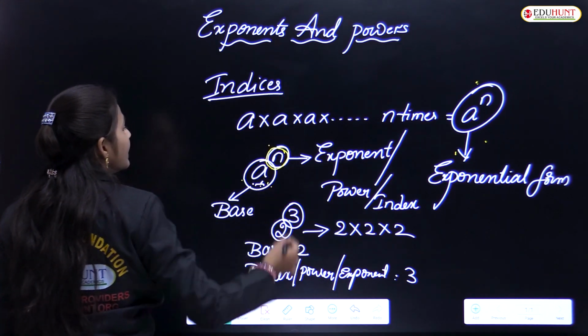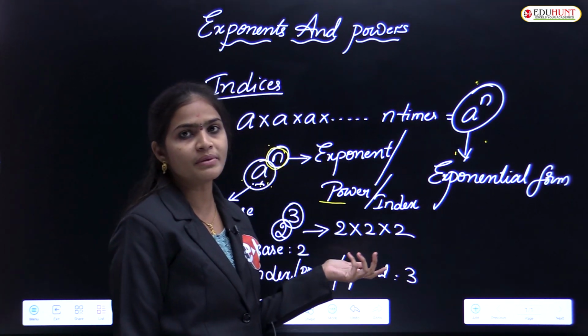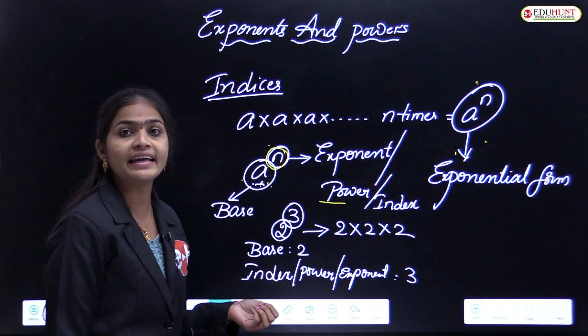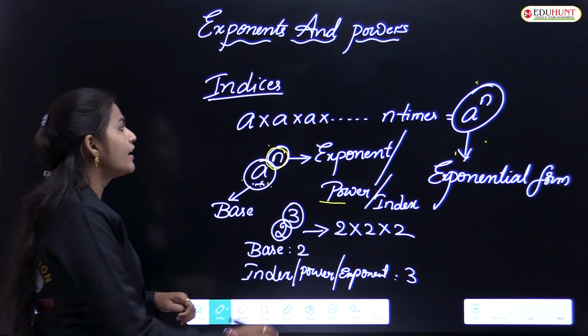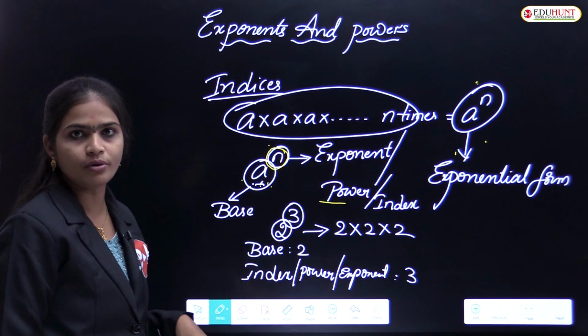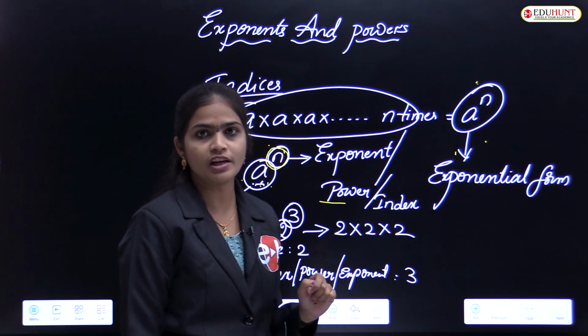Power becomes powers, exponent becomes exponents, and index becomes indices. This is the exponential form, and the expanded multiplication is called the product form.